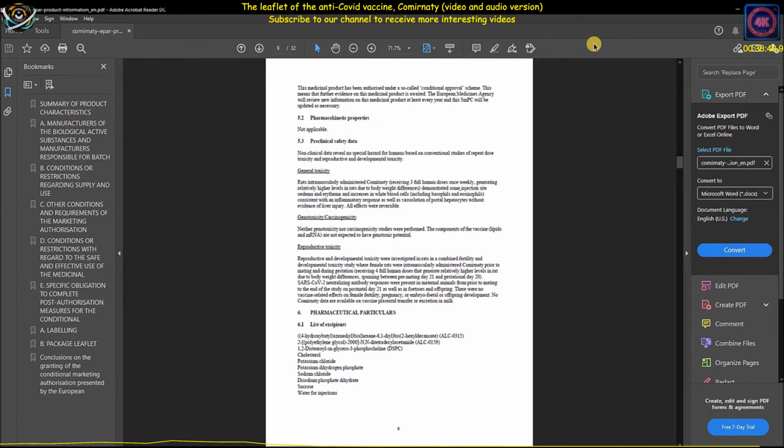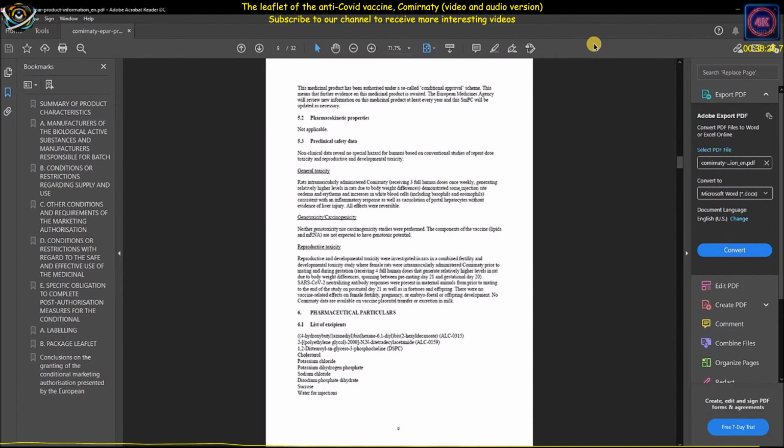SARS-CoV-2 neutralizing antibody responses were present in maternal animals from prior to mating to the end of the study on postnatal day 21, as well as in fetuses and offspring. There were no vaccine-related effects on female fertility, pregnancy, or embryo-fetal or offspring development. No Comirnaty data are available on vaccine placental transfer or excretion in milk.